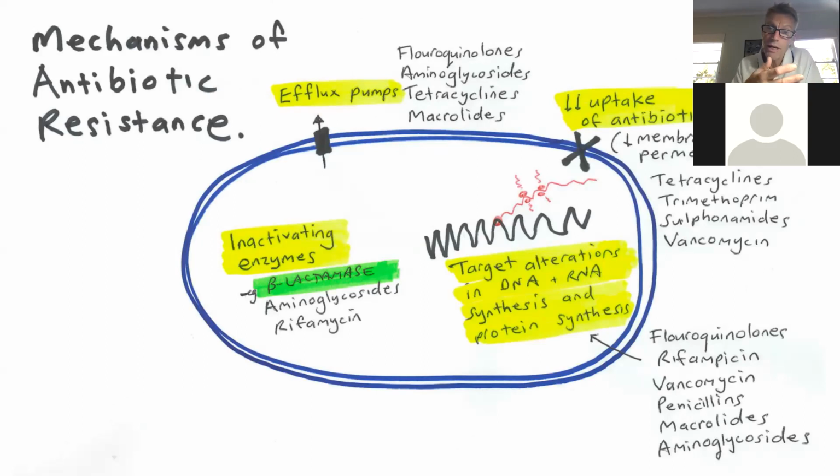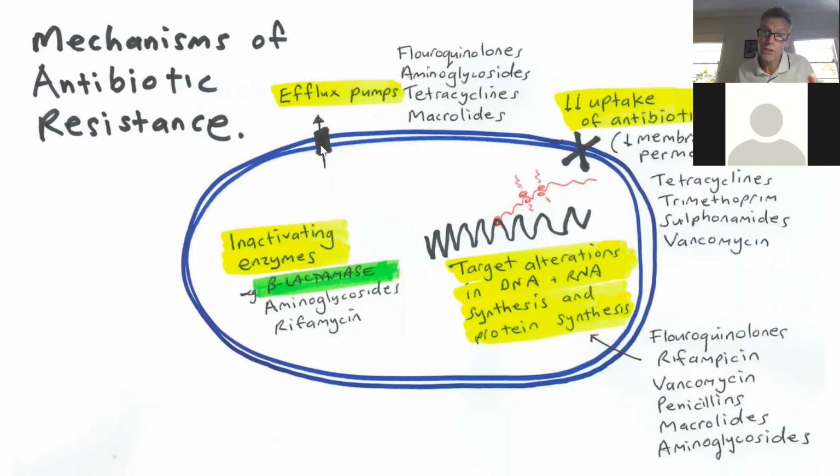And the mechanisms of antibiotic resistance are usually similar to the way antibiotics work. So some resistance can occur by the disruption of pumps within the cell membrane and the cell wall. Cell walls and cell membranes have pumps that pump in and out various electrolytes and allow proteins into the cells.